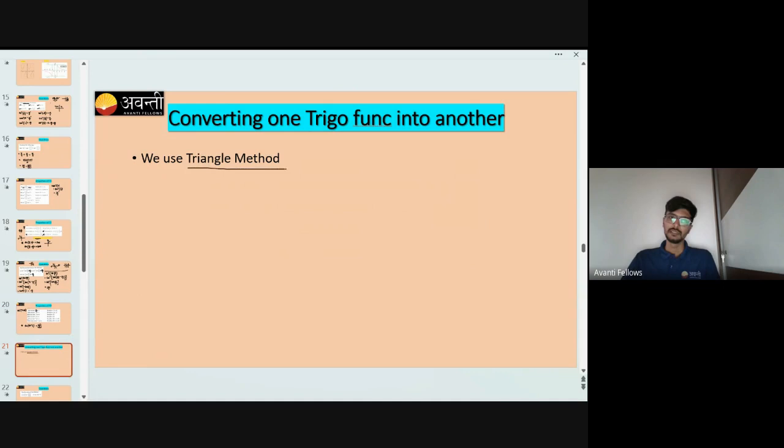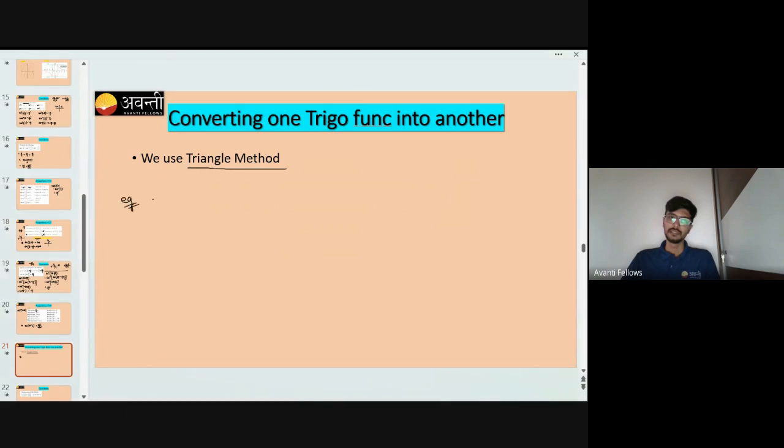Triangle banao, answer pao. We just have to make a right angle triangle and we'll get all our answers. That's what I remember this method as, triangle banao, answer pao, which we use to convert one trigonometric function into another.